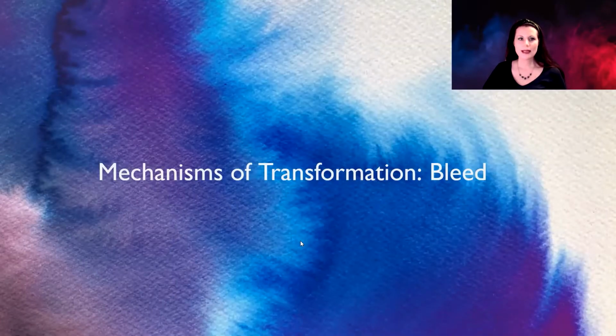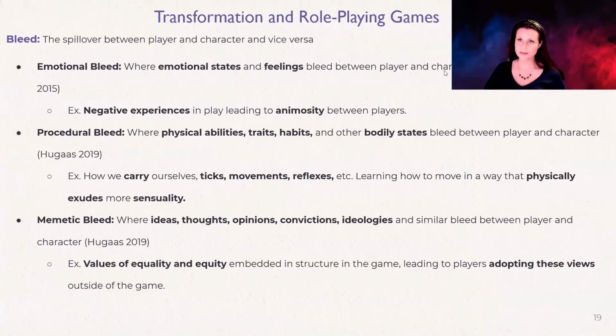Okay, and now to the second mechanism of transformation, which is bleed. Now, there are a lot of different theories of bleed. We are going to go through 6 of them, but there are for sure others. And it's an interesting area because bleed is really discussing, similar to liminality, the space in between these frames.